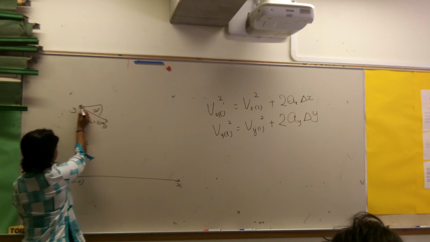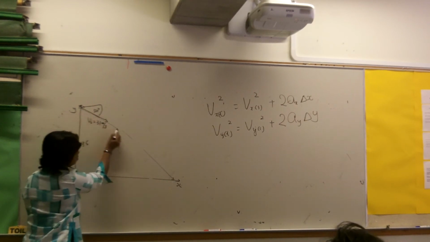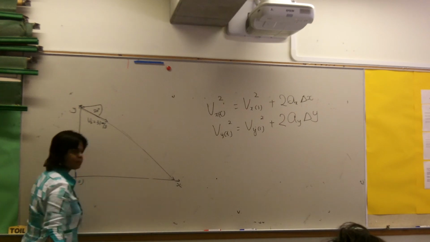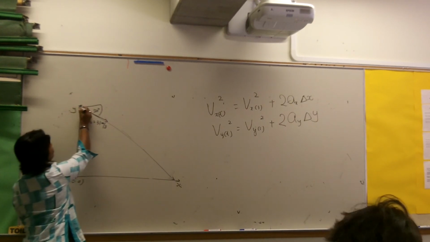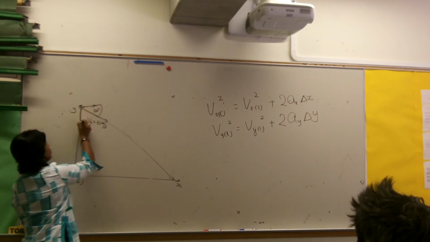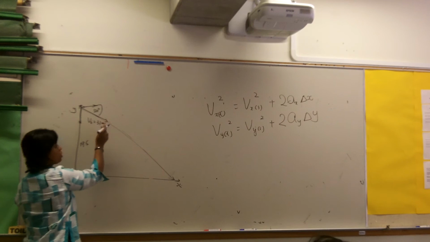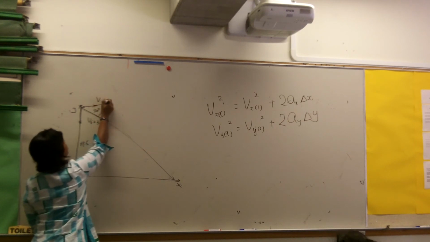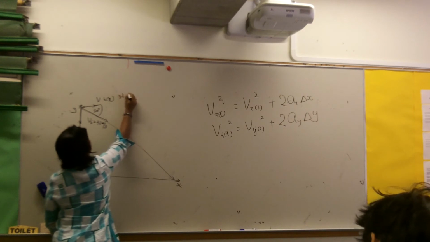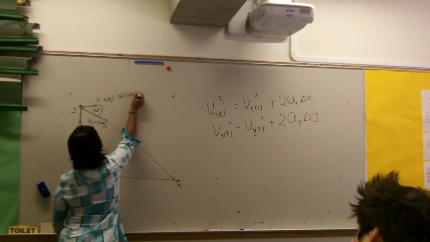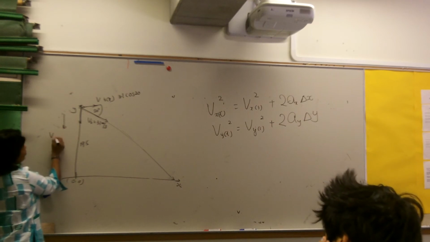Since there's no acceleration, it's going to come down in a straight line. So in order to calculate, we now break this VI into two components. The x direction is 3.1 cosine 20.